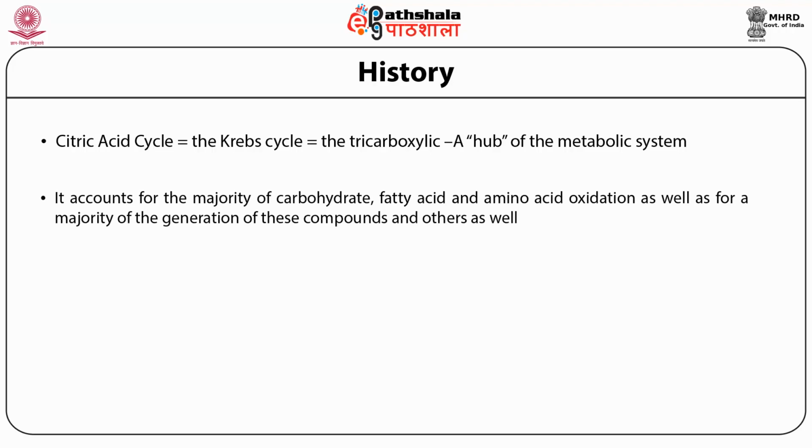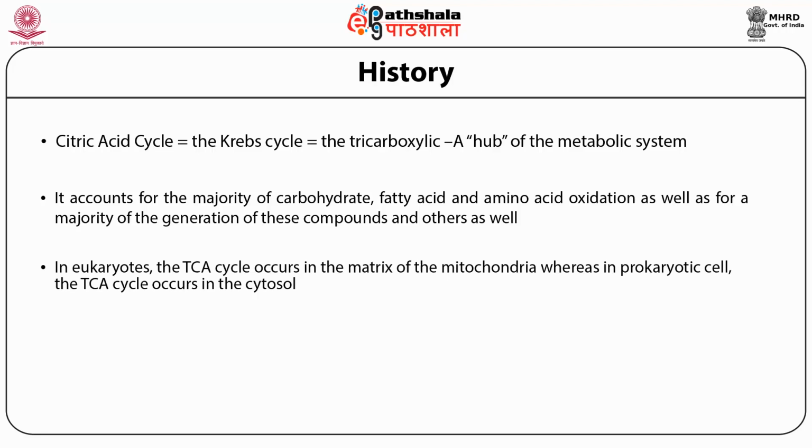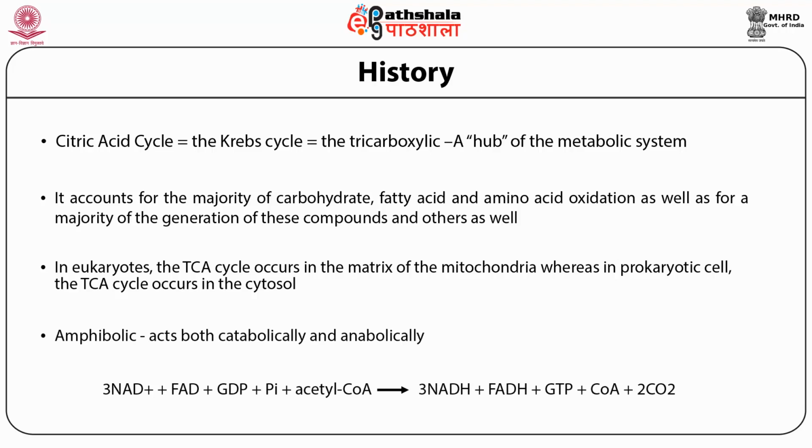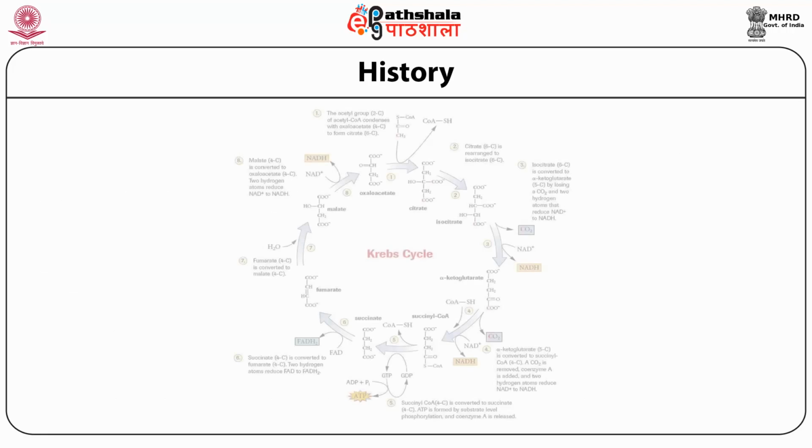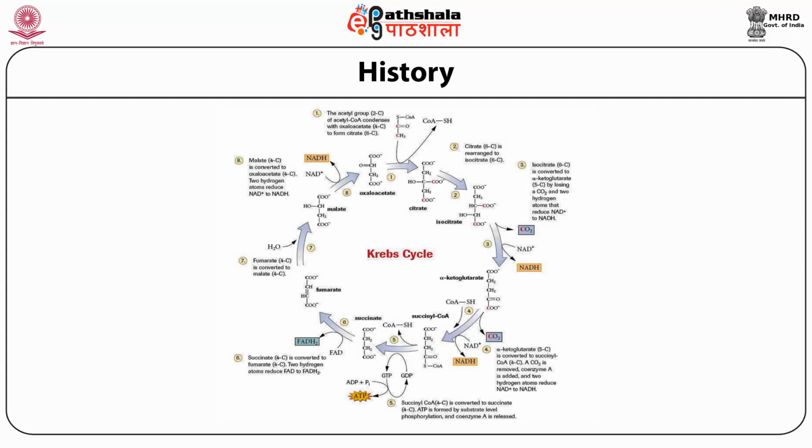It also accounts for a majority of generation of ATP and other compounds as well. In eukaryotes, the TCA cycle occurs in the matrix of the mitochondria, whereas in prokaryotic cells, the TCA cycle occurs in the cytosol. The figure shows the reactions of the TCA cycle.